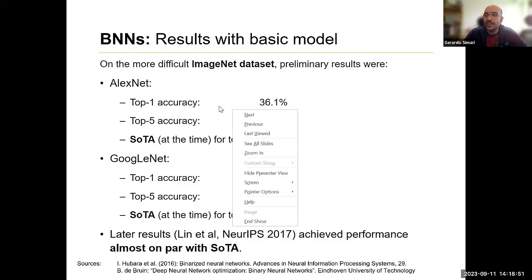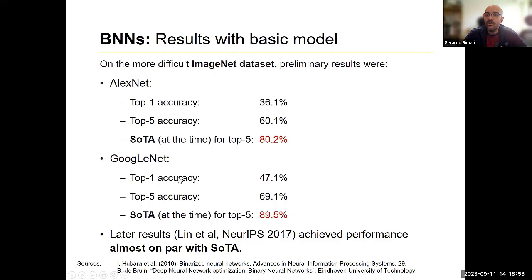That's using AlexNet. And with GoogleNet, it's a similar relationship. You get 69.1, and state of the art was almost 90. One year later, there was another NeurIPS paper that achieved performance almost on par with state of the art. So in that sense, it really did make up for the differences that we were observing.